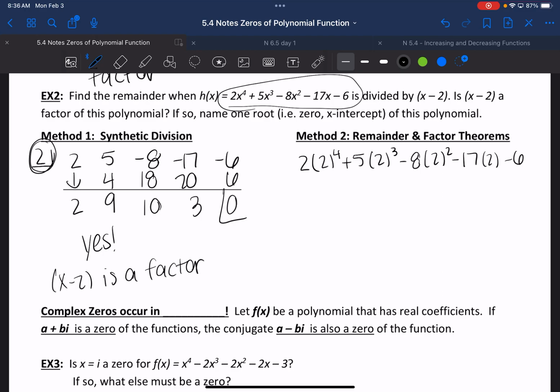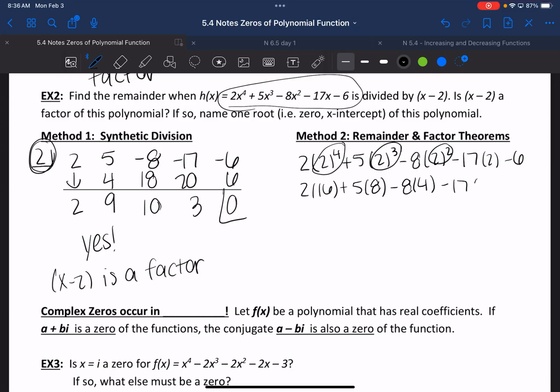Okay, so again, I would have to take care of the exponents first. What is 2 to the 4th power? 16. So I got 2 times 16. And what's 2 to the 3rd power? 8. So I'll have 5 times 8. And 2 squared, 4.